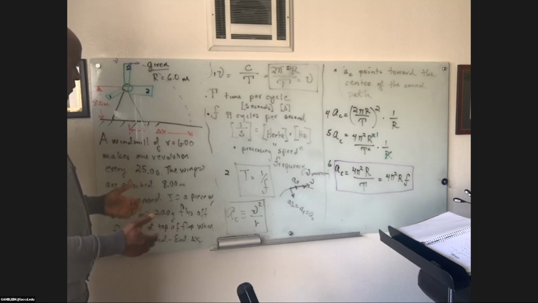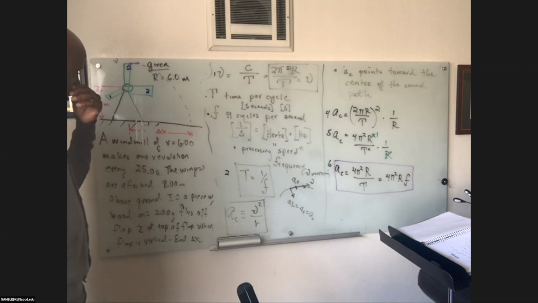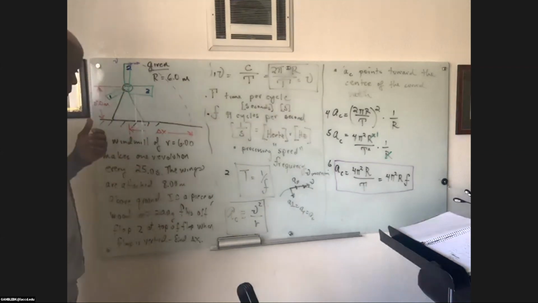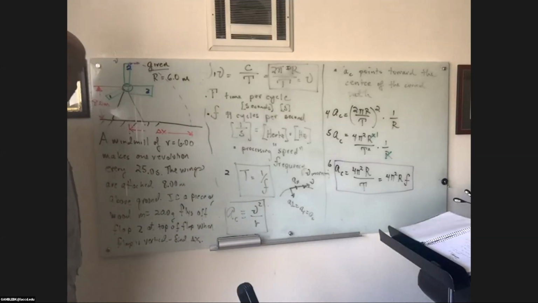Given that you now have this, you can figure out what the velocity is as it shoots off. Essentially, you have the period. The period is 25 seconds.